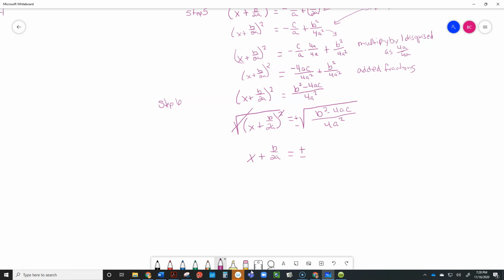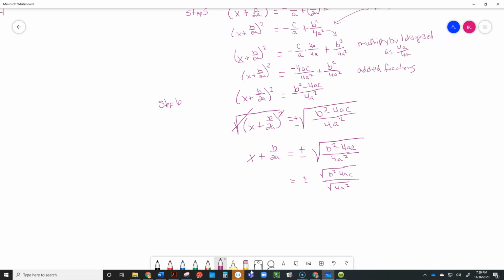And the next thing I'm going to do here, because I can, is I want to separate this into a square root on top. Uh-oh, I lost my c somewhere. And a square root on bottom.